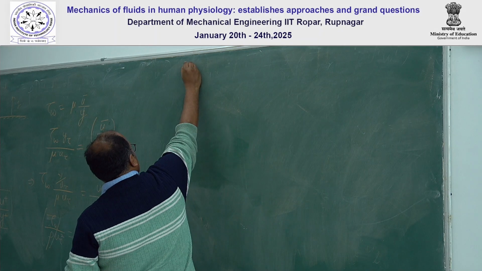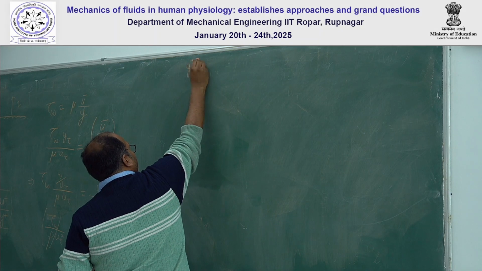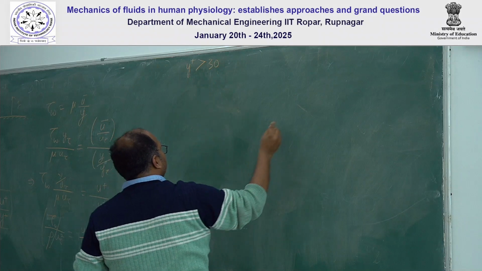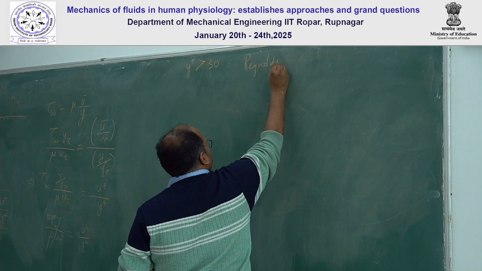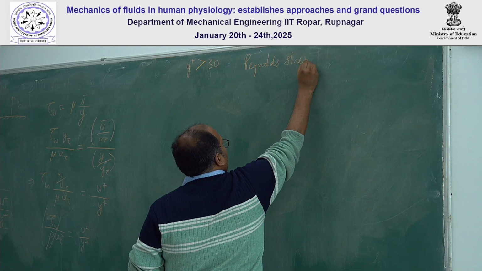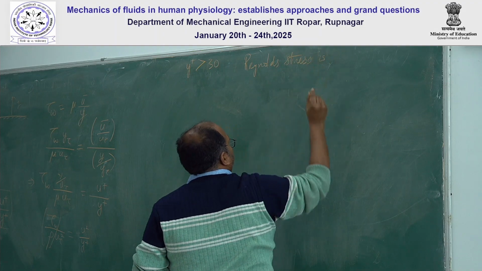So outside y plus greater than 30, the Reynolds stress is dominant.